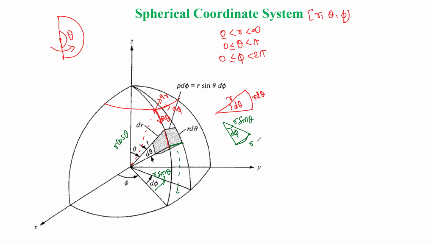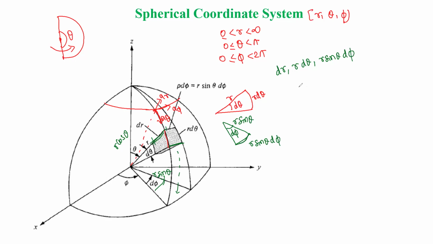It will become R sin theta d phi. So like this, we have three lengths, and along the radially outward direction the differential part is dr. So finally, here we have three dimensions: dr, then r d theta, and the third one is r sin theta d phi.